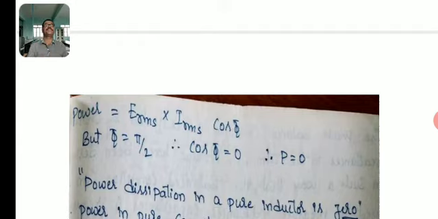In the case of a pure inductive circuit, the phase difference between EMF and current is equal to pi by 2, so that means cos 90 degree, which is equal to 0. Then the power consumed, that means dissipated, in a pure inductor is 0. P is equal to 0.